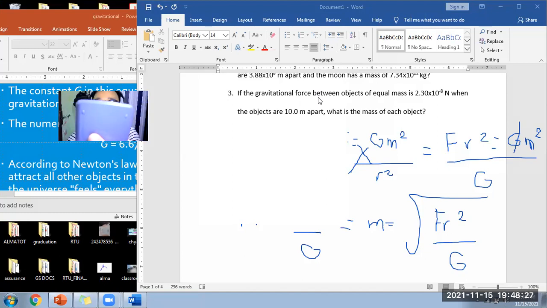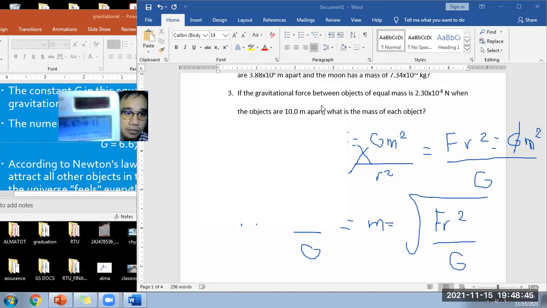Ito yung makukuha nun sa taas: 2.3 times 10 to the 6. Didivide mo siya sa 6.67 raised to negative 11.